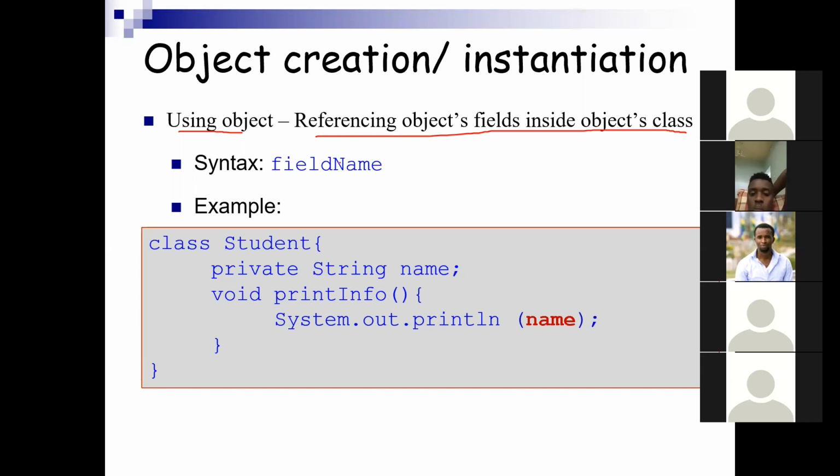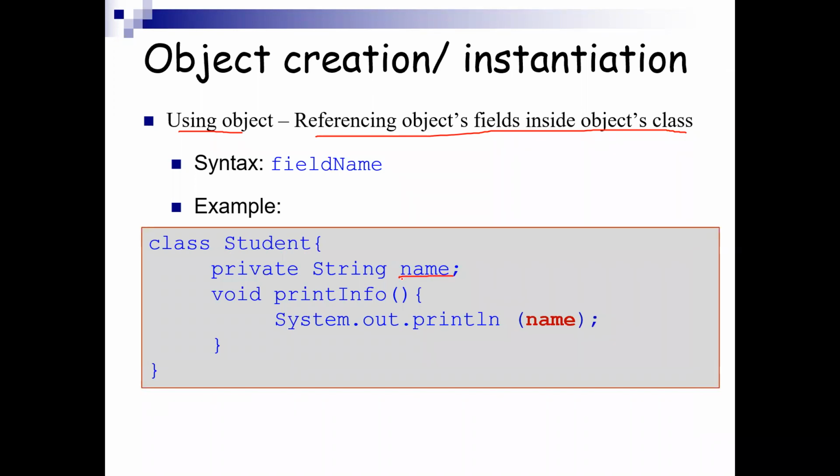All right, so when you are given a class like Student here, you have variables like name. The point here is how you can access the field of the object of this class inside the same class. The syntax here is very simple.